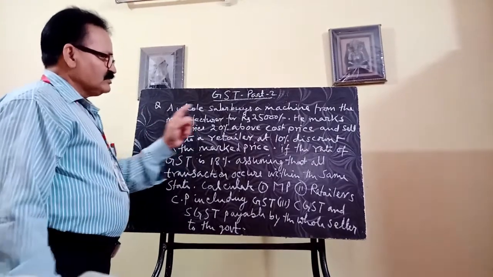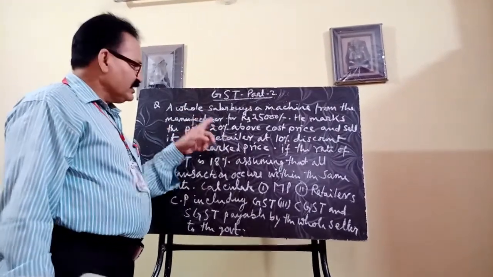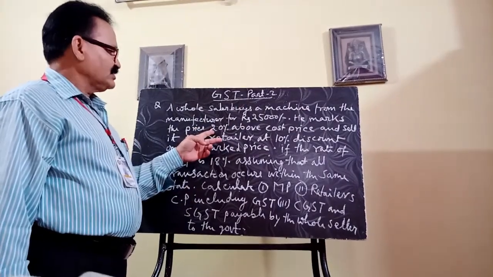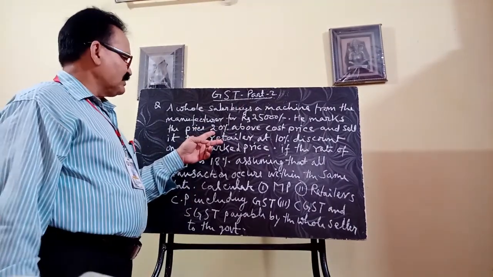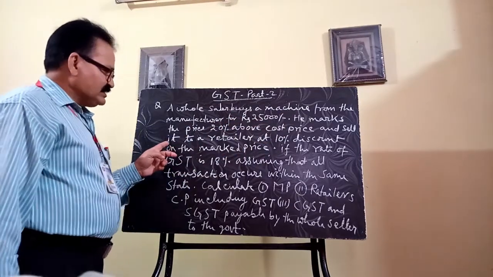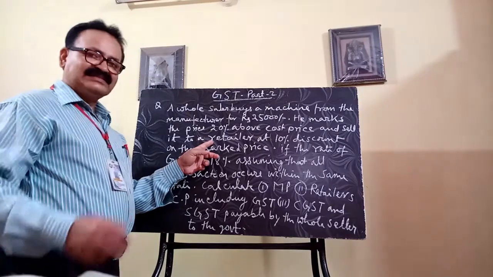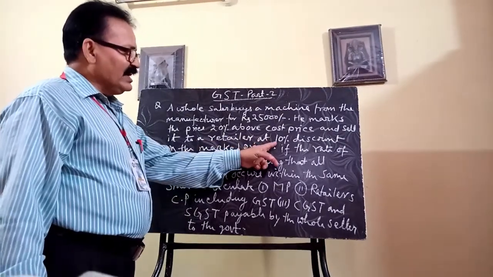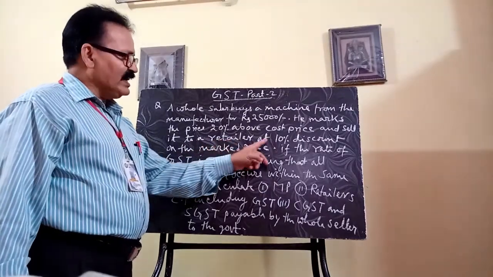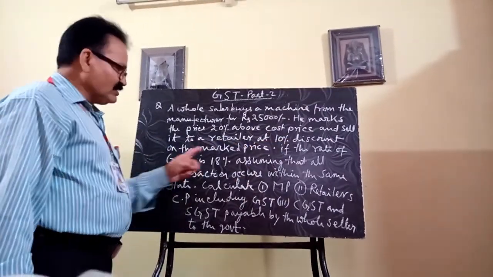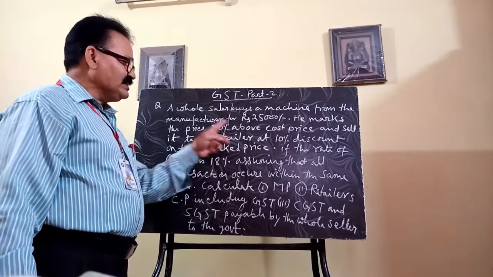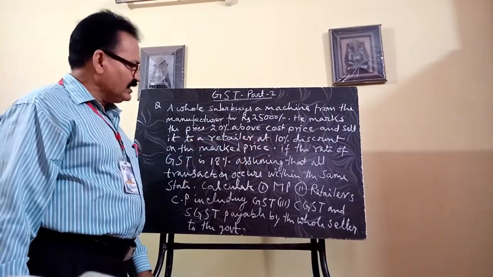Now what has the wholesaler done? He raised the price by 20% and fixed the price as the mark price. After that, he sells it to a retailer. While selling, he allows a discount of 10% on the mark price. The mark price is already raised by 20% and then a 10% discount is allowed.